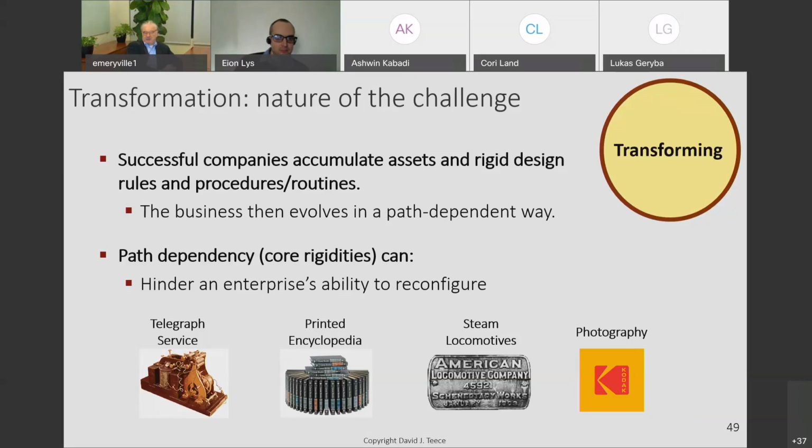So let's look at this example here. There are certain industries that didn't change. The steam locomotive, just think about this. Why didn't the steam locomotive companies become the diesel locomotive companies and become the diesel electric locomotive companies?